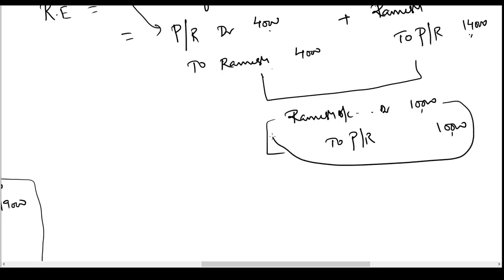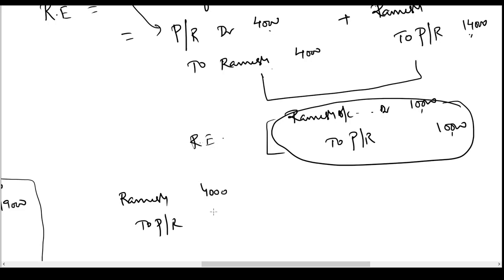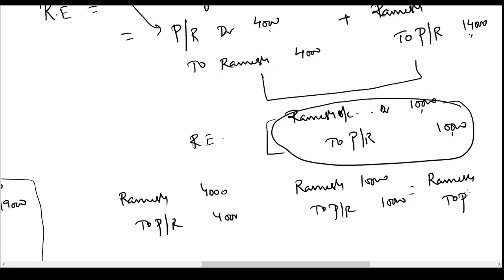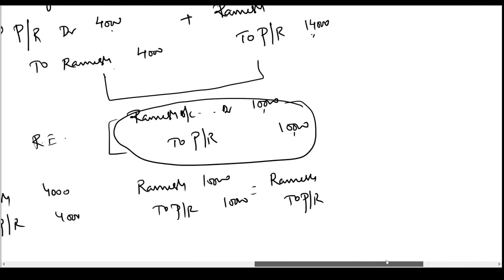This is my rectification entry. Okay. What I've already done, I've already recorded entry Ramesh account debtor to purchase returns. This is the entry I've already passed for 4,000. And now I'm passing rectification entry Ramesh account debtor to purchase returns 10,000, which is equal to the correct entry Ramesh account debtor to purchase returns 14,000.